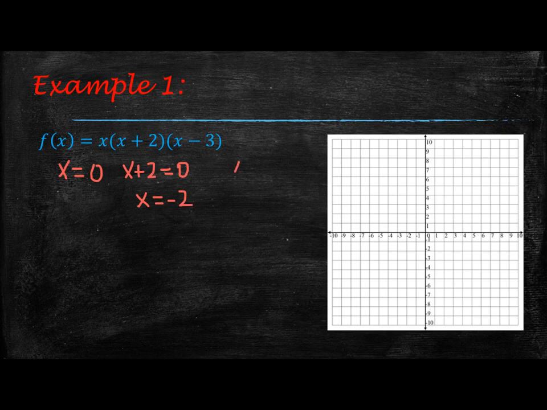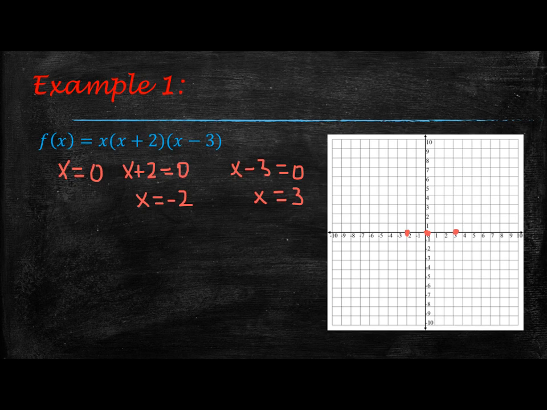Then I'm going to take x minus 3, set it equal to 0, and solve, so x is equal to 3. Okay, so your first step is to go ahead and graph all of those x-intercepts: an x-intercept at 0, at -2, and at 3.